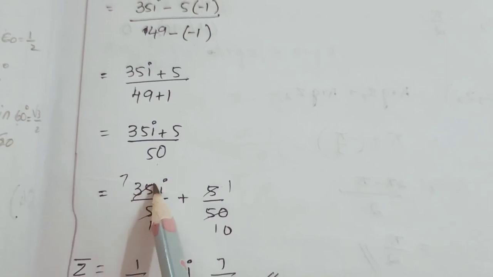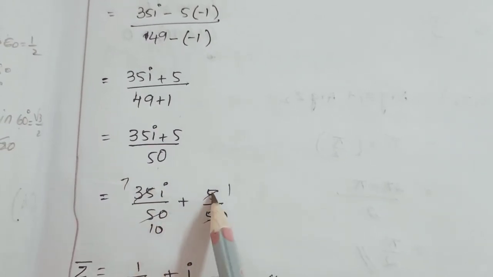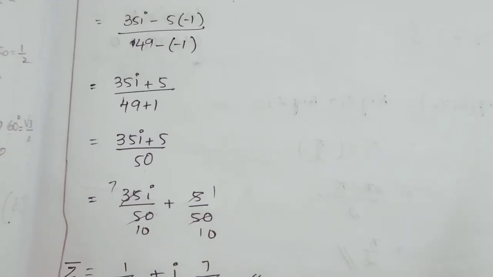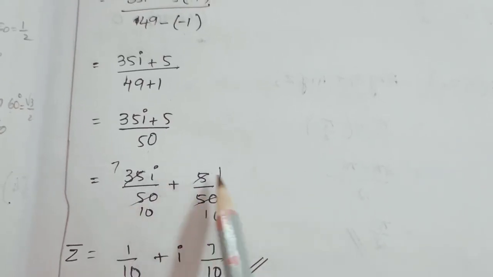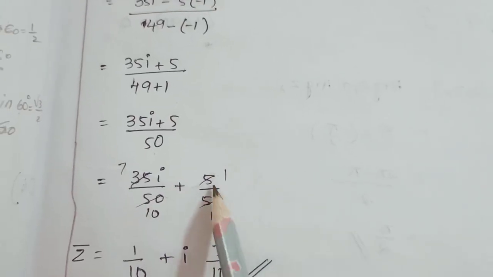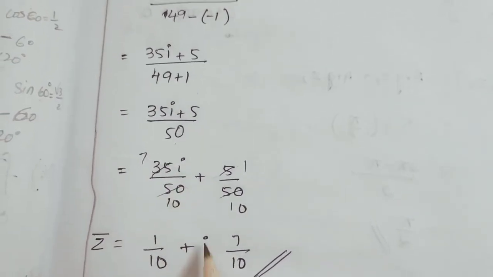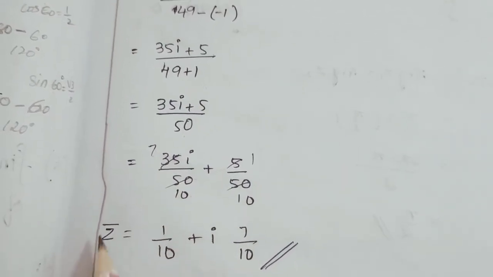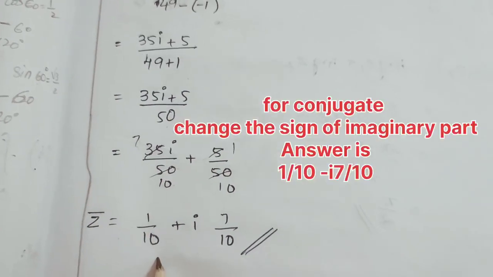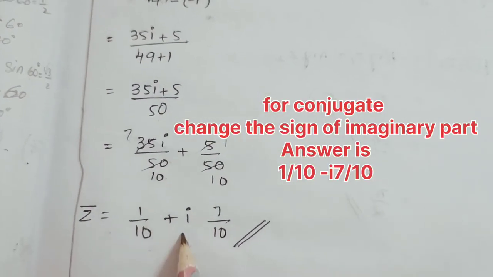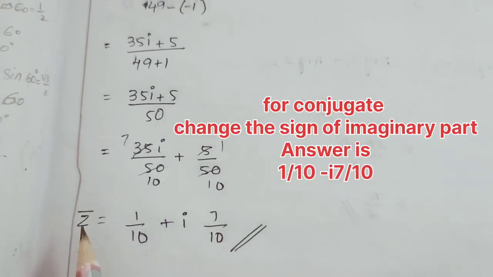Now cancel it: 5 sevens are 35, 5 tens are 50, 5 ones are 5. Now first writing the real part, that is 1 by 10, then the imaginary part, i 7 by 10. So z bar is equal to 1 by 10 plus i 7 by 10.